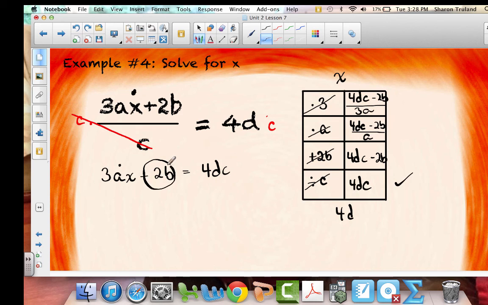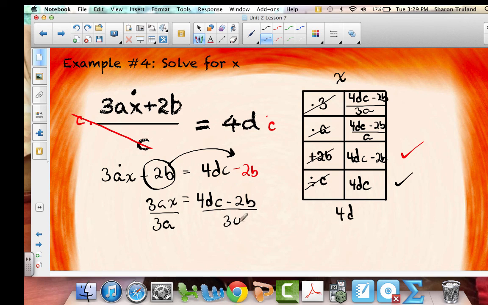So this is going to get inversed operation over there, just like we have there. And then I'm going to take a shortcut here. I'm going to divide by 3a all in one step. And that will get me the same answer as I had up here.